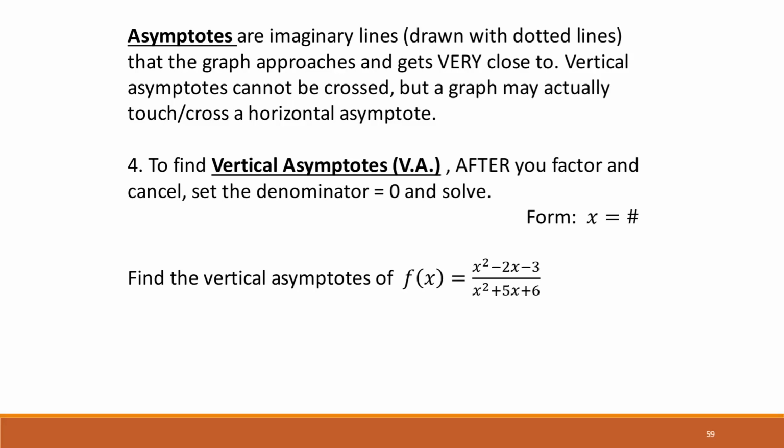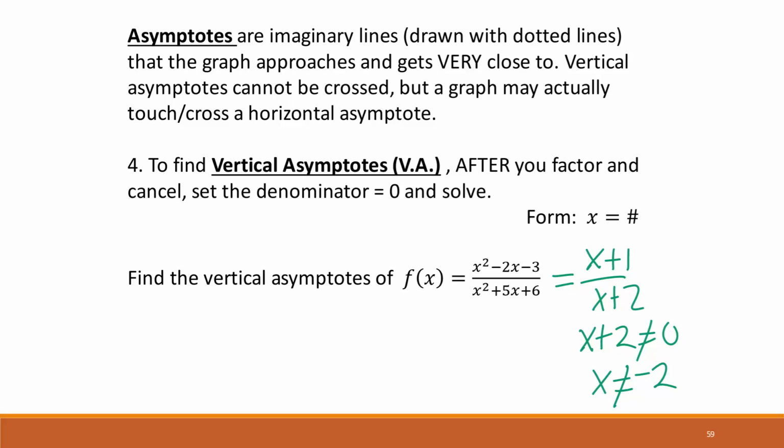We've already factored this one, canceled everything, and we got x plus 1 over x plus 2. So the vertical asymptote is that x plus 2 portion set equal to 0 and solved. So x cannot be equal to negative 2.